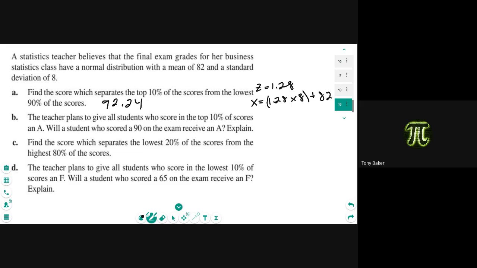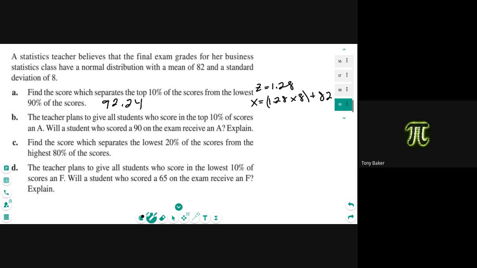So in actuality, that's about right. But if we're just doing the A, B, C, D, F thing, some students would get a 90 or above and not get an A on the exam.